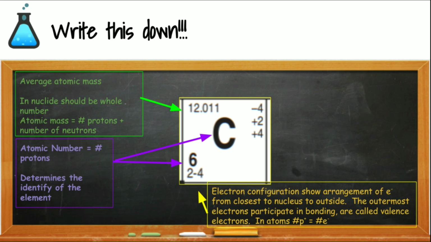So in an atom, you can find the total number of electrons by either adding up the numbers in the electron configuration, so 2 and 4 equals 6, or you can simply look at the atomic number, because in all atoms, the number of protons will always equal the number of electrons.